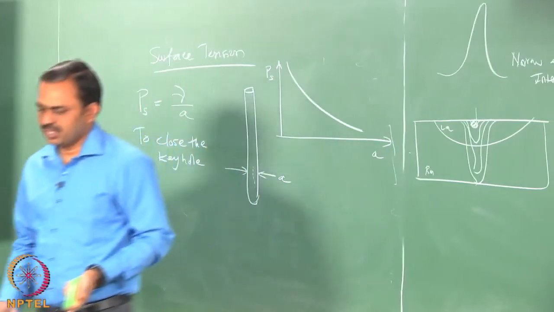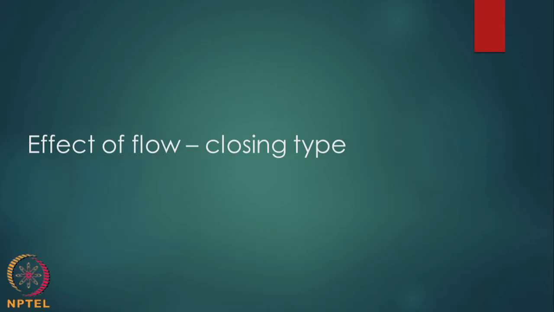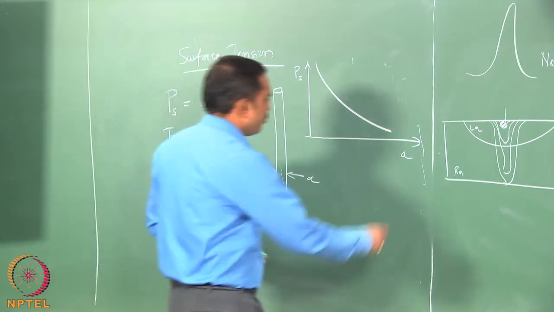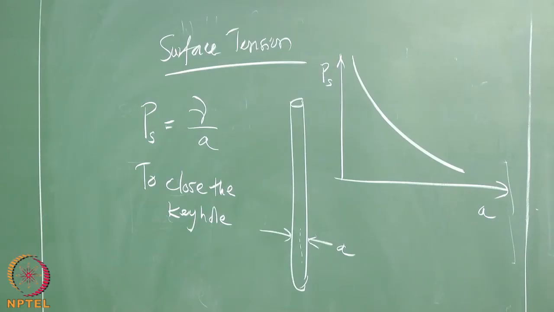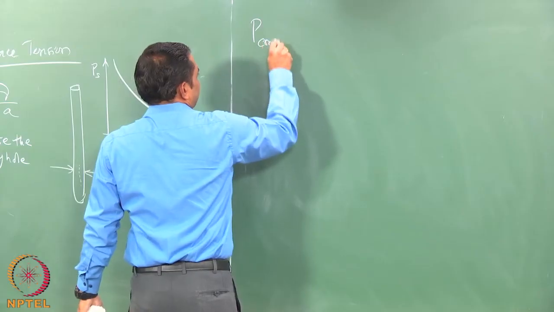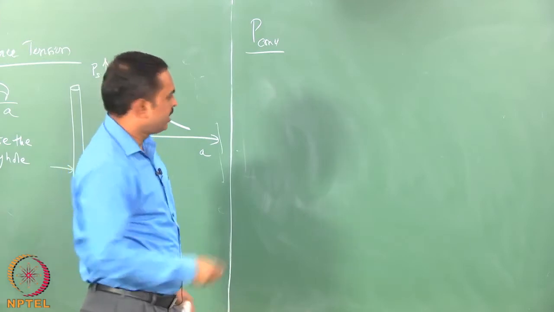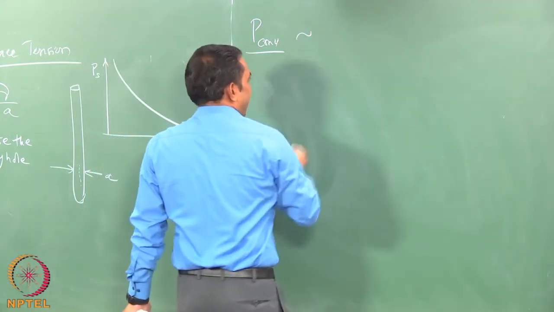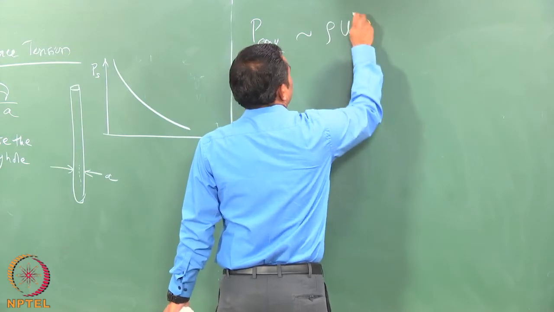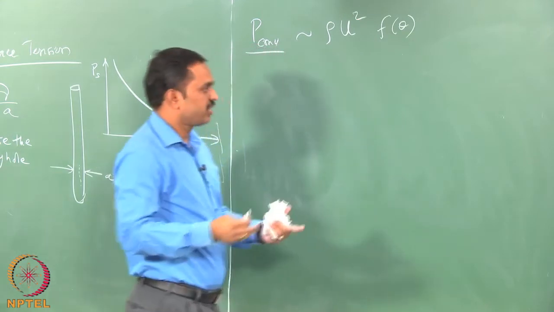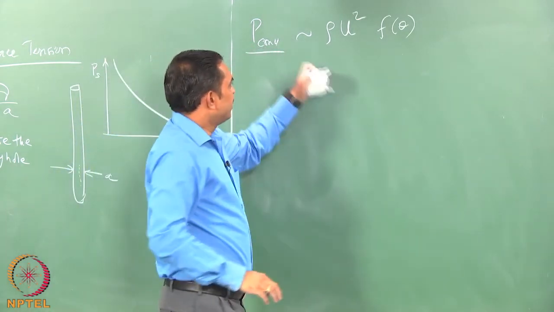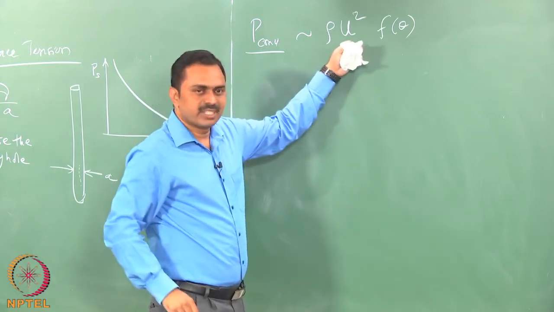So, let us look at the next driving force. We have the pressure due to the fluid flow that is happening around the keyhole. The pressure due to convection, you can see that this is going to scale as rho into u square and some kind of a trigonometric function depending upon the geometry, and this is going to be as strong as the convection current itself.